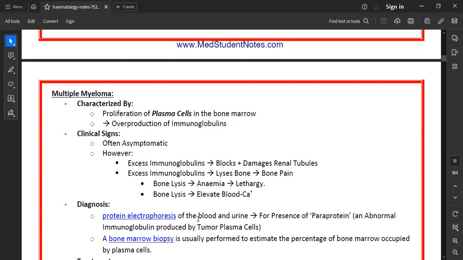It is often asymptomatic, but excess immunoglobulins can block your renal tubules, leading to kidney damage. The immunoglobulins also break down the bones, which leads to bone pain.